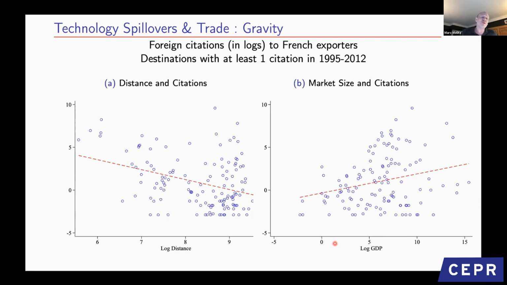You see this very strong aggregate pattern in terms of the response of the aggregate stock of citations that are citing the patents of French firms. And so we see that bigger destinations are attracting more citations by French firms, as well as distance from France having this usual negative relationship here.